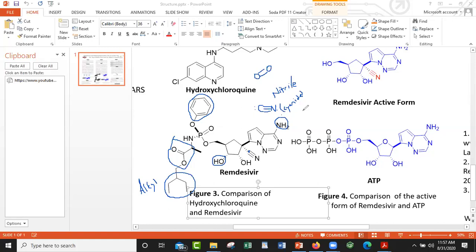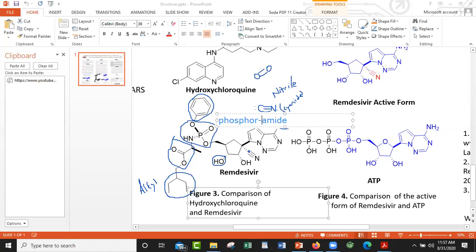So let me introduce you to the other 2 functional groups, because I know you're thinking about them. So this functional group right here, I'm gonna type that because that's gonna be a lot to write. It's what we call a phosphoramide, right?